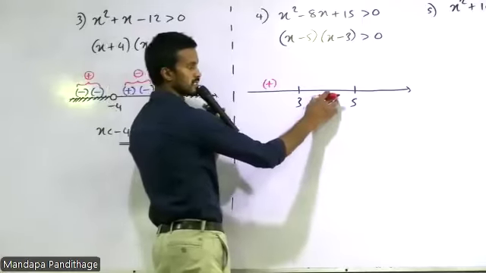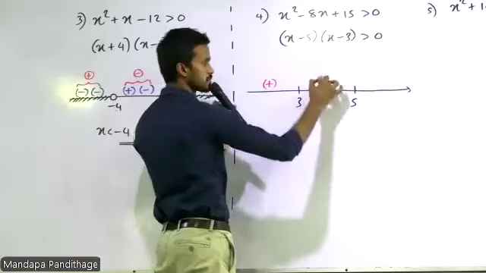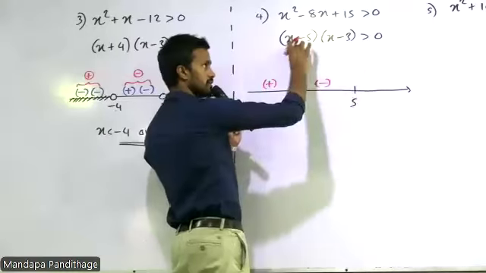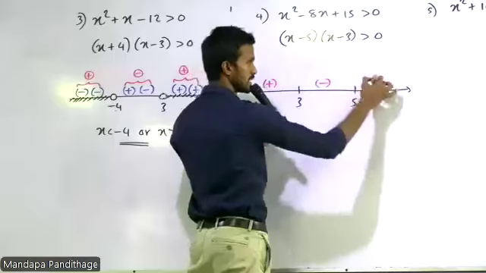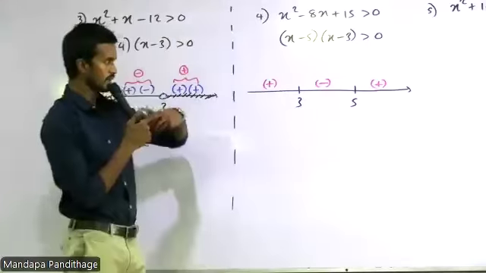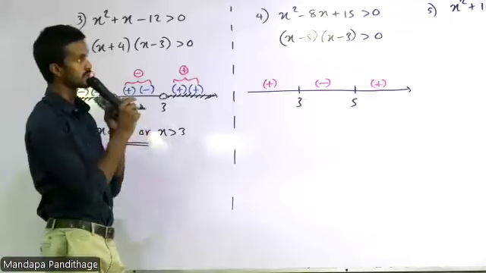And this one, if you consider 4, this is minus, 4 minus 3 is plus, a minus plus is minus. Anything greater than 5, if you take 7, this is plus, plus, and plus plus is plus. Clear? If you're sure about this, then you can directly write the sign without writing these intermediate things.